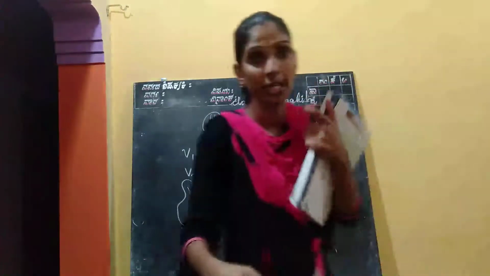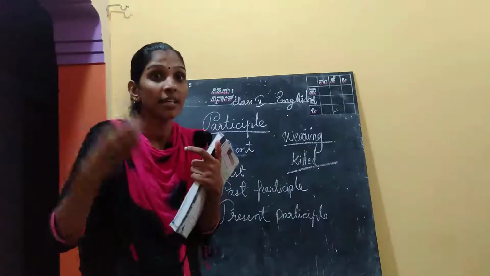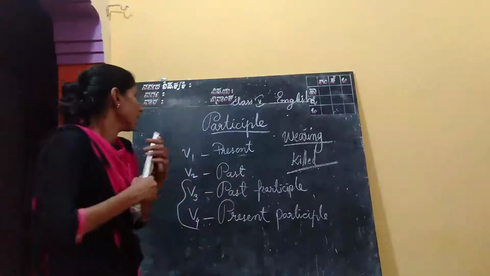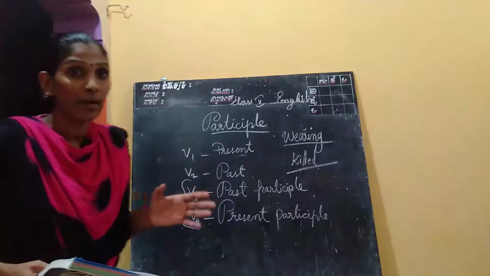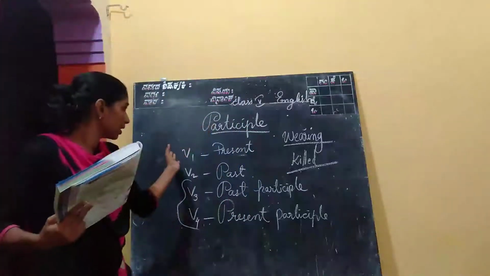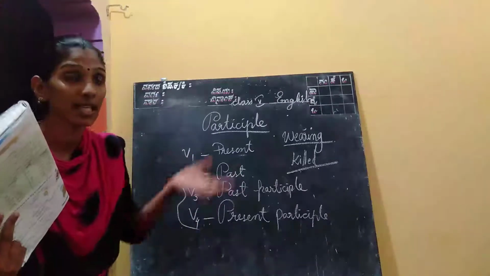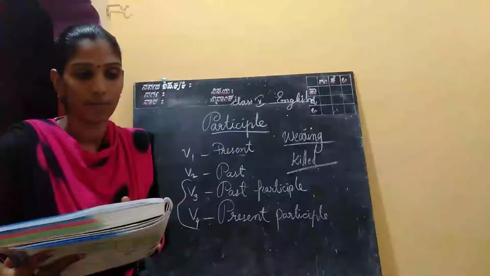I told you already that verbs are action words. There are mainly four kinds of verbs: V1, V2, V3, V4. We can say V1 is present, V2 is past, V3 is past participle, V4 is present participle, right?